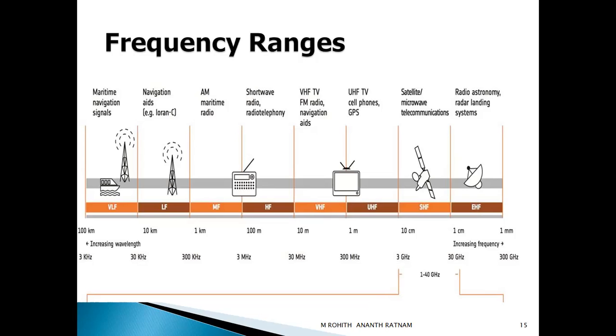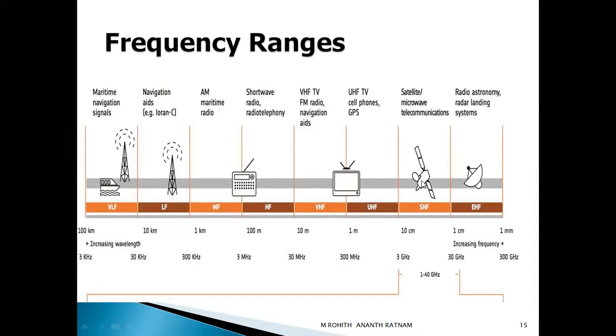So guys, this is all about the wavelength and the antenna size. As the antenna size decreases, surely the frequency range has to increase, right?